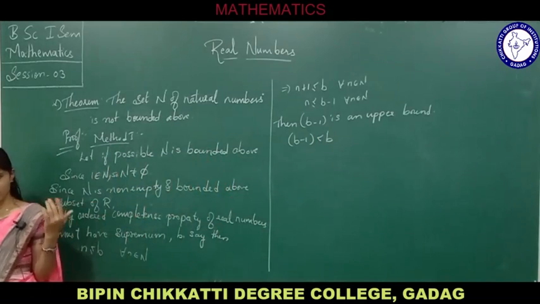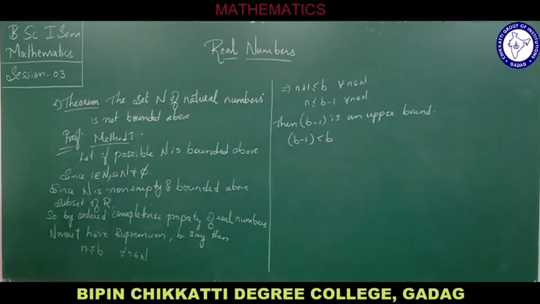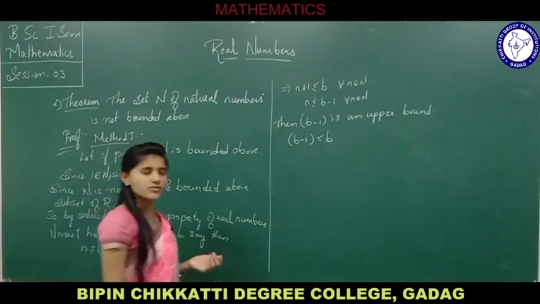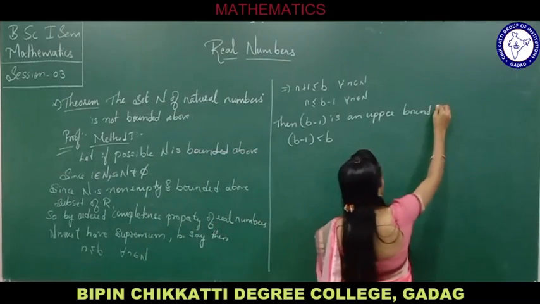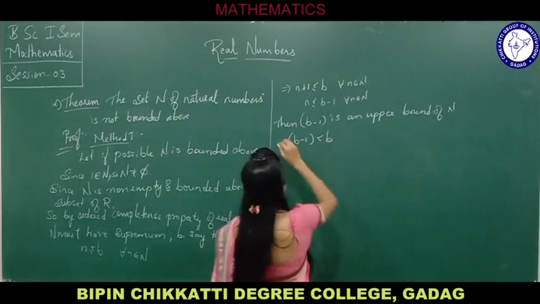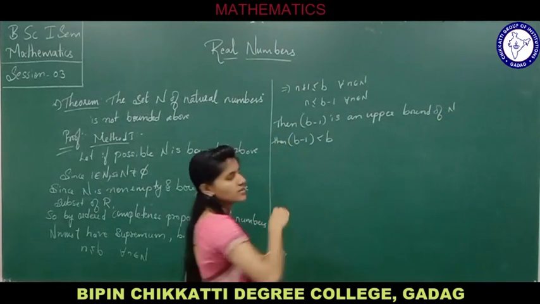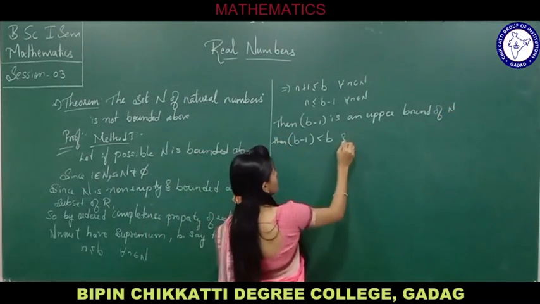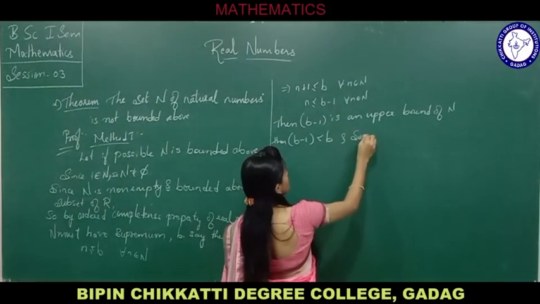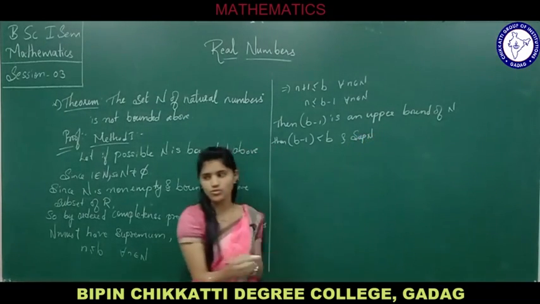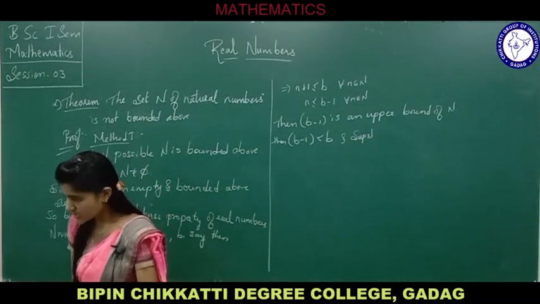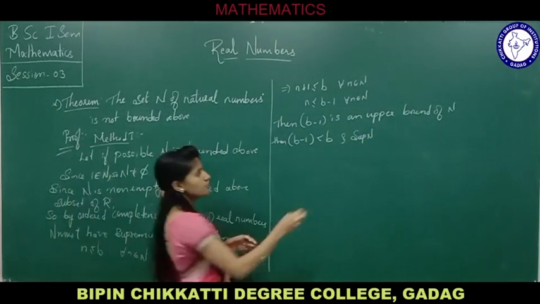So B minus 1 is an upper bound, then B minus 1 is less than B, and the supremum of N will be equal to B by our assumption. B minus 1 is an upper bound of N. Then B minus 1, which is less than B, and supremum of N will be equal to B.